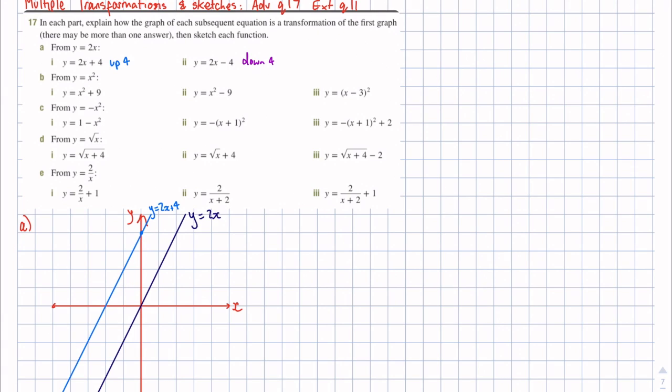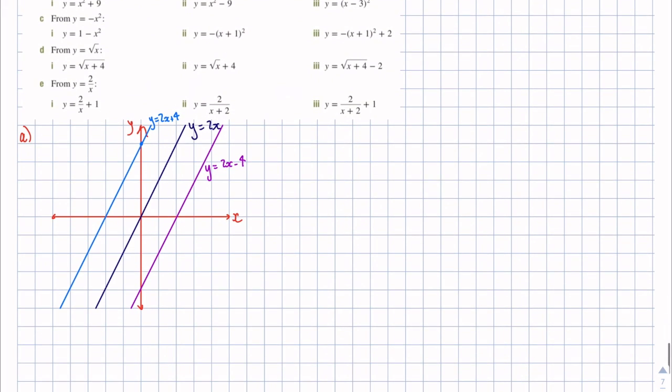So this time I'm just trying to get a gradient of 2 going on, so it's going to look like that. So they all have the same gradient, they just have different y-intercepts.